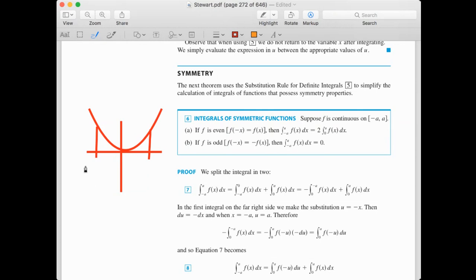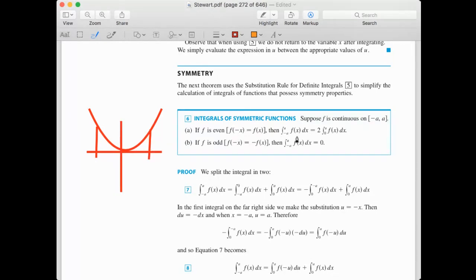If we want to evaluate from negative 1 up to 1, we can evaluate from 0 to 1, then double it, because the two areas are the same. Because it's an even function, we can just find the integration from 0 to 1, then double it.